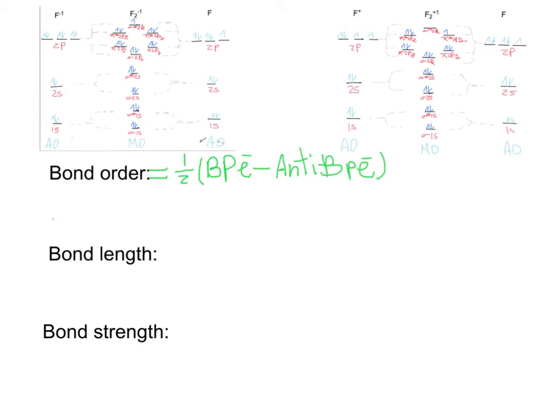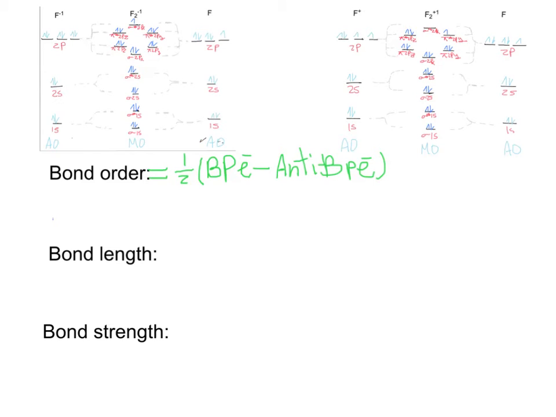So after drawing the molecular orbital diagram for both F2-1 and F2+1, let's calculate the bond order for both molecules, which is calculated using the equation: half the number of bonding electrons minus the number of anti-bonding electrons.